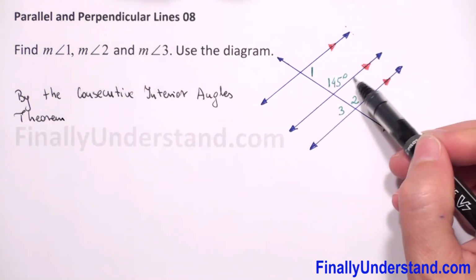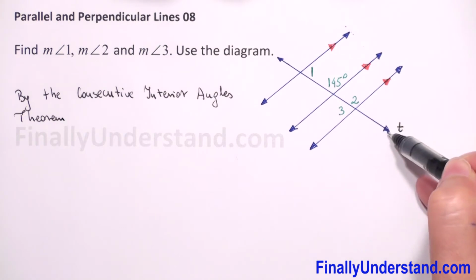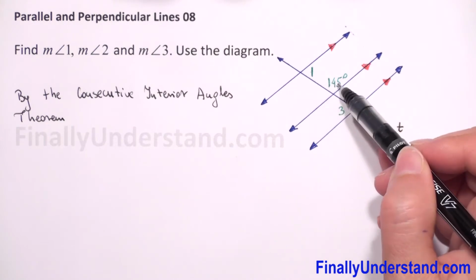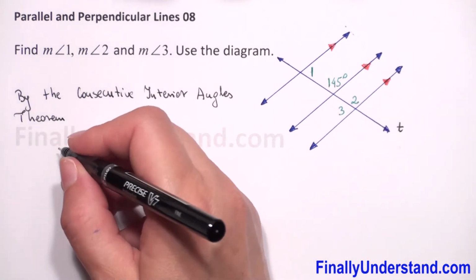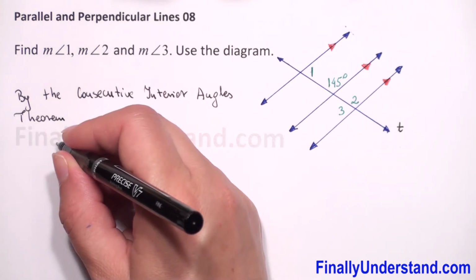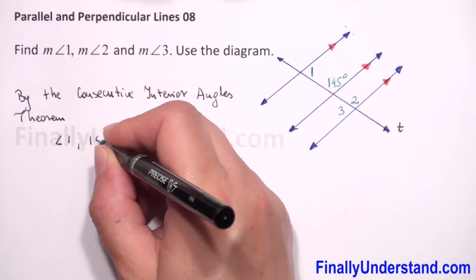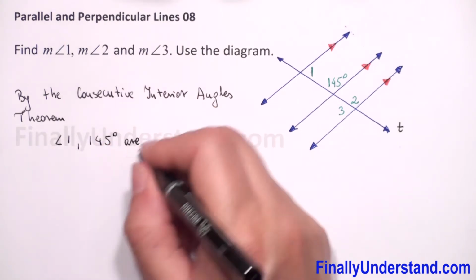These 2 parallel lines are cut by a transversal, so the pairs of consecutive interior angles are supplementary. So angle 1 and 145 degrees are supplementary.